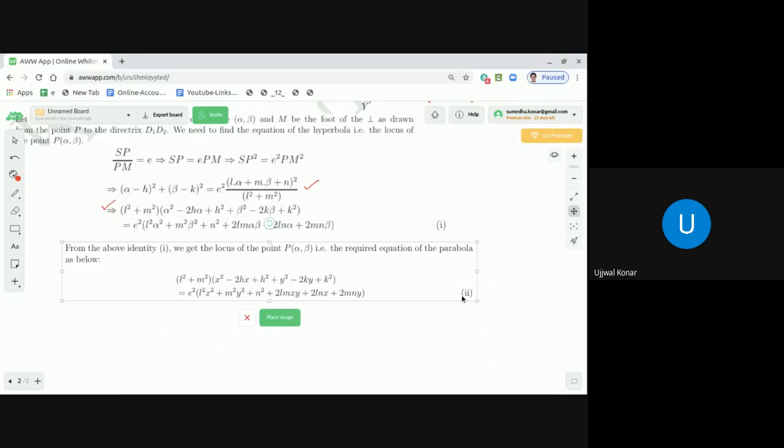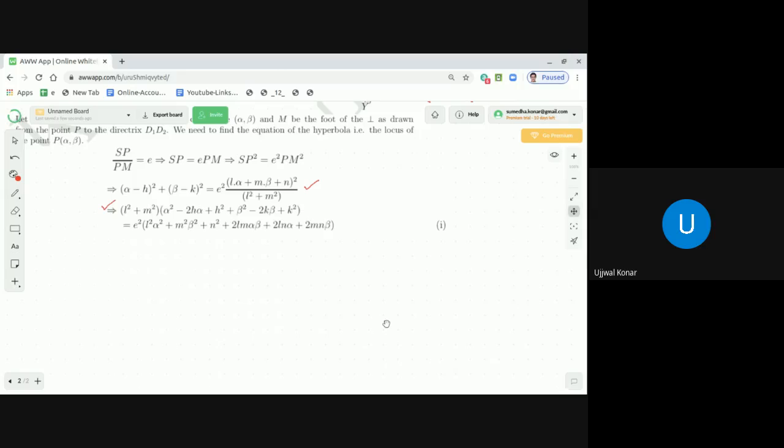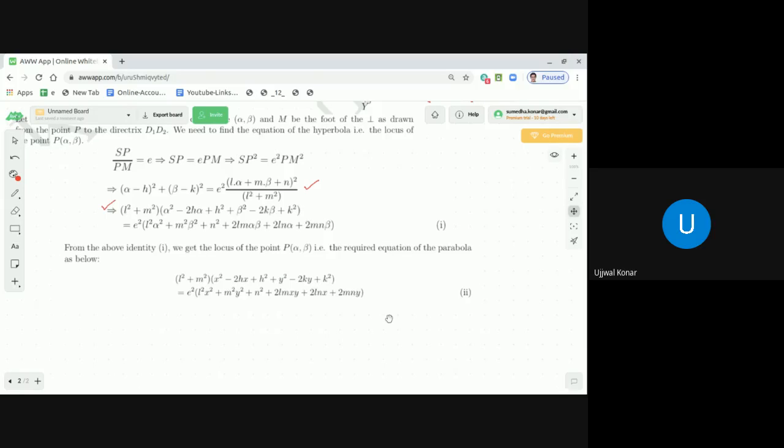Correct, dear students? Now, if you recall, in the very initial days of discussion of the conic section, we discussed that a general equation of second degree in x and y, like ax square plus by square plus 2hxy plus 2gx plus 2fy plus c equal to 0, represents different conics, or a pair of straight lines, based on different conditions.